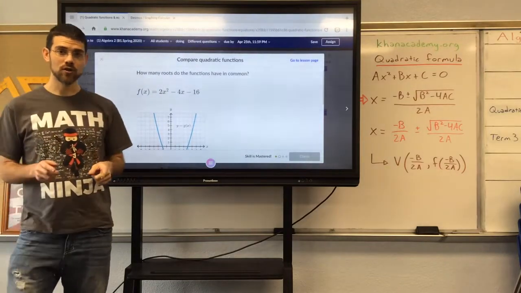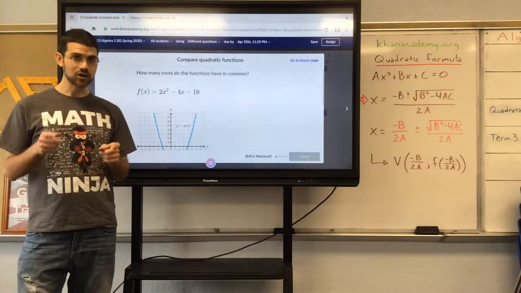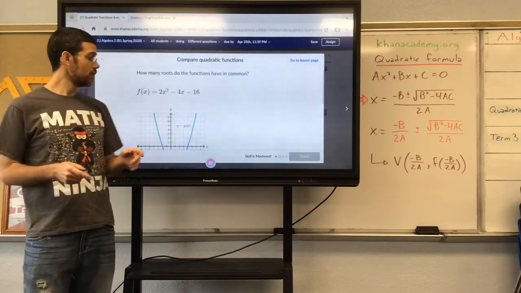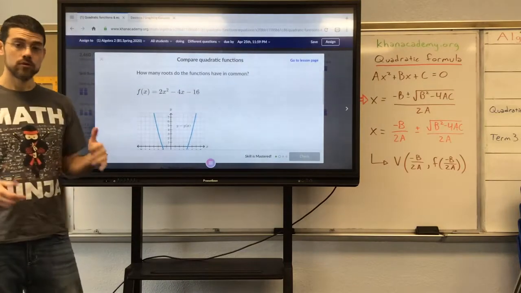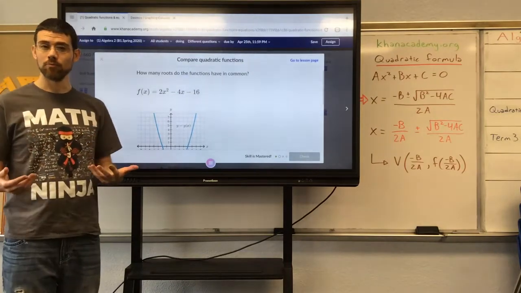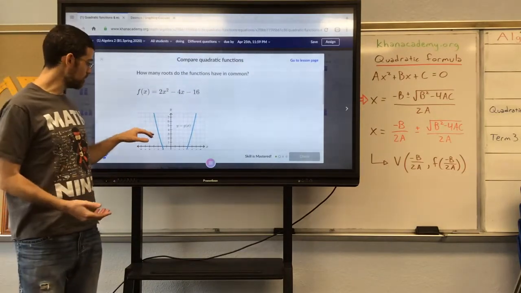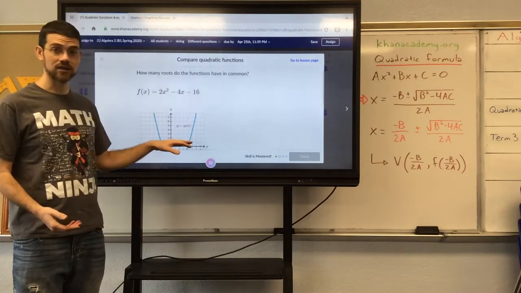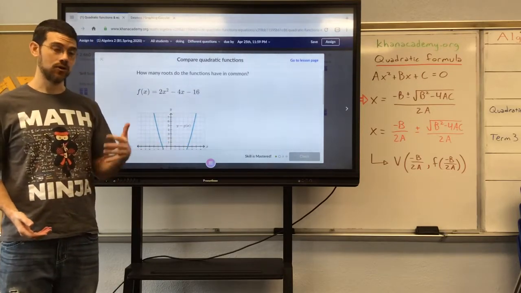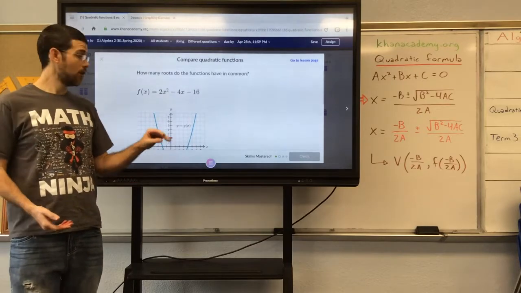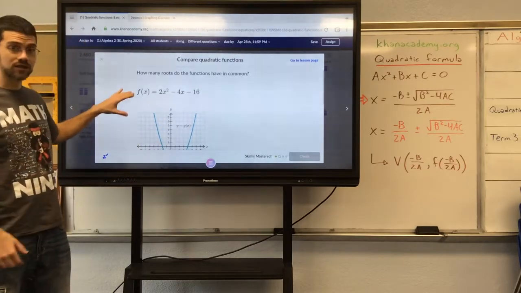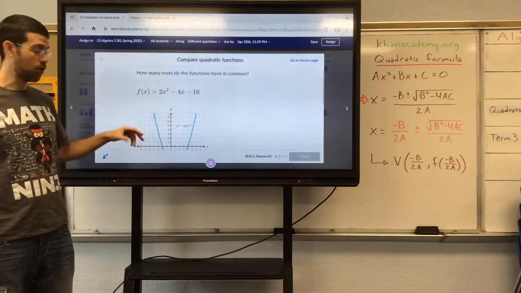Now the roots of a quadratic are the x coordinates of its zeros if it has any. There are more, potentially, if the function doesn't cross the x-axis, there are irrational or imaginary roots, but for the purpose of this skill set, they're not going to have those sort.